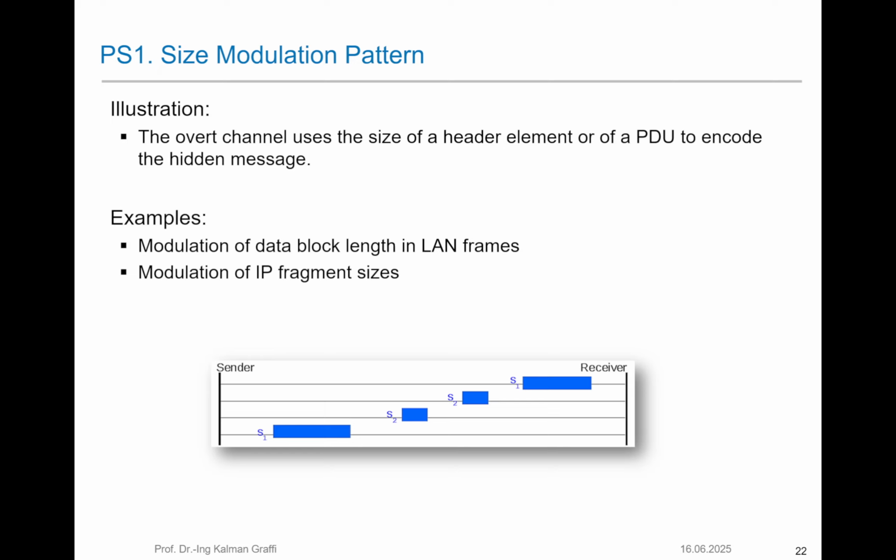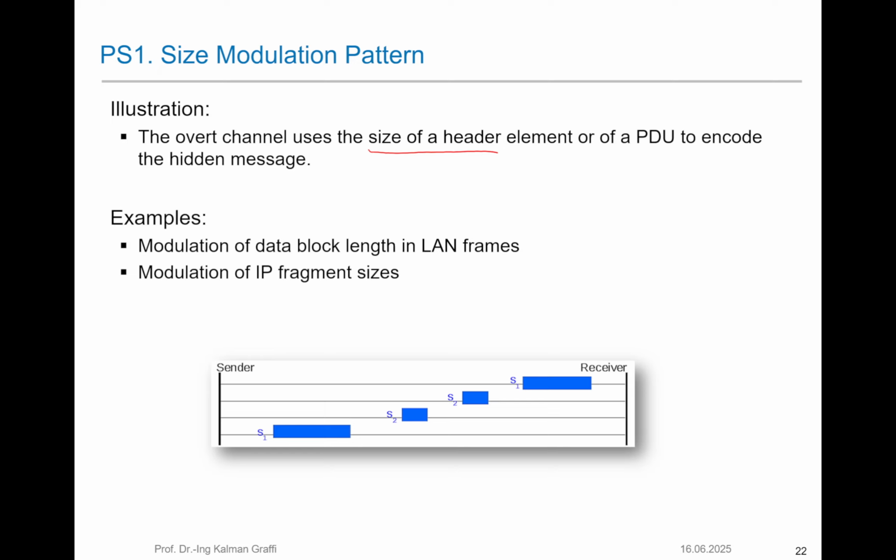Let's start with the size modulation pattern. The size of the header, let's say of this HTTP request, how many entries you have, also somehow reflects the size. But you can also do it at lower layers when you specify the length of the message in the header; you can just add more length to it without real data.